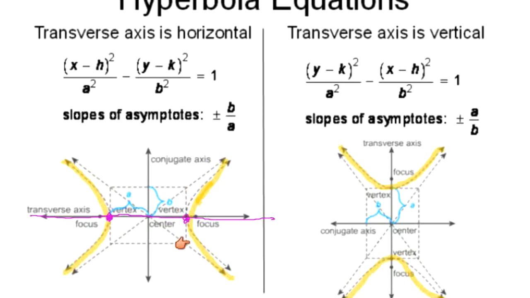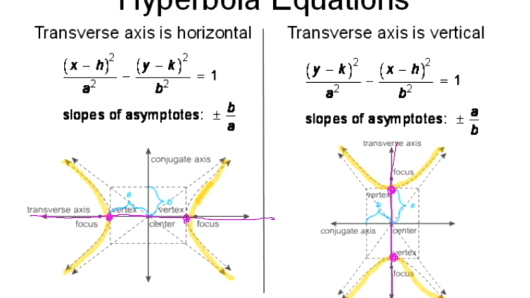So if I'm trying to touch each vertex of these hyperbolas, it has to be a horizontal line. If I'm trying to touch this vertex, like over here, let me just draw in the vertex. Vertex, vertex. What kind of line would touch these two vertices? It would have to be vertical. So how can you tell if it's a horizontal or vertical transverse axis? It has to go through both vertices. That's how you can tell.